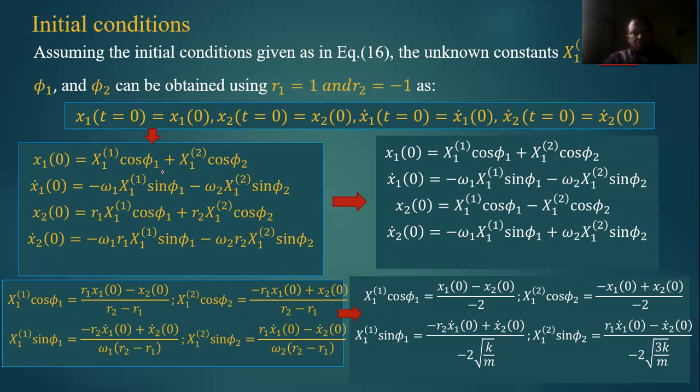So this gives us this equation. Again, considering this equation here, R1, x1 of 0 minus x2 of 0, R2, R1. Again, with similar steps, we finally find the equation of motion like this.